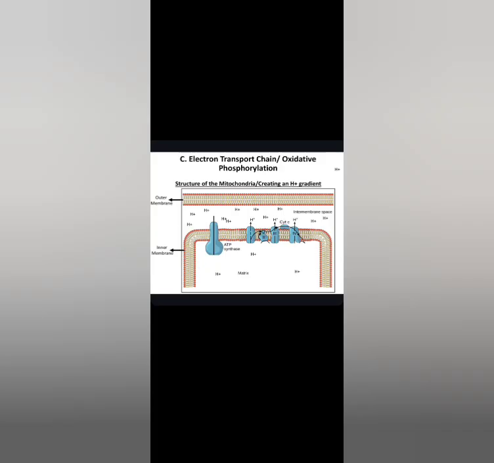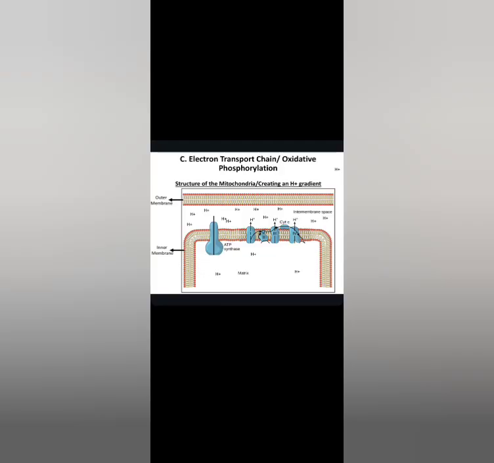Can anyone remind me from Friday what pumps are in biology? Active transport, yes. Pumps move molecules by active transport, so from low concentration to high concentration. Complex 1, 3, and 4 are hydrogen ion pumps.